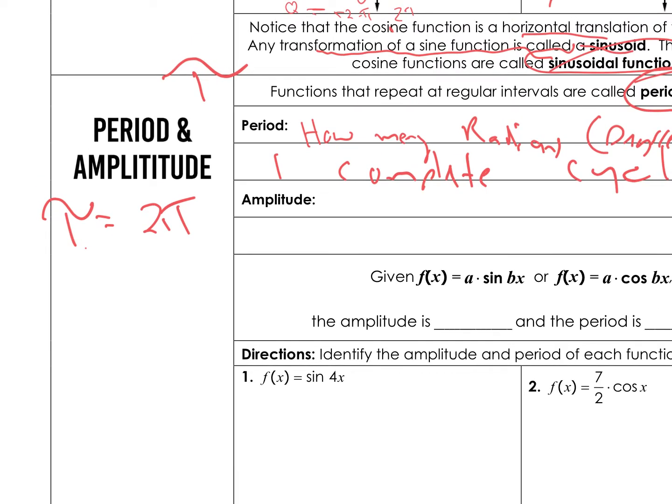Amplitude, what do you think of amplitude? Up and down. How many times it goes up? No, you're thinking of frequency. Amplitude is when you're standing next to a train coming and, as it got closer to you, it got louder.